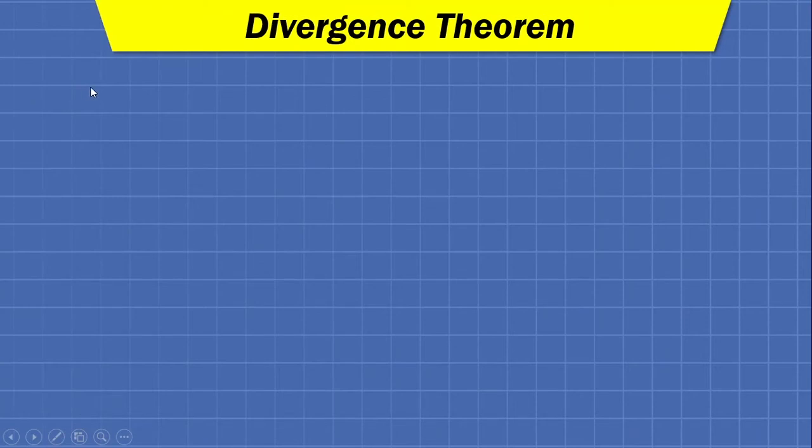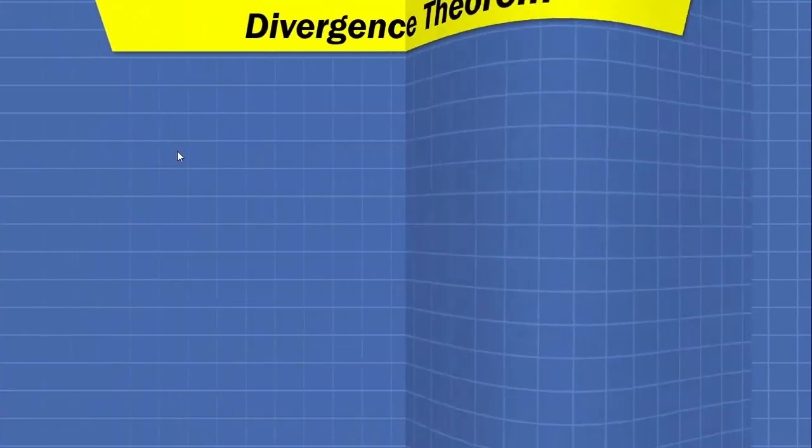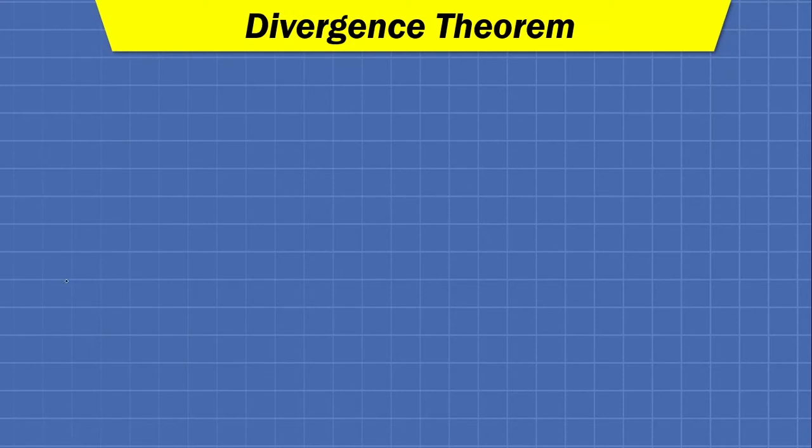We will first have Q equals the volume integration of divergence of D dv, and putting this value of Q into Gauss's law, we have the closed surface integration of D dot dS equals the volume integration of divergence of D with respect to v.